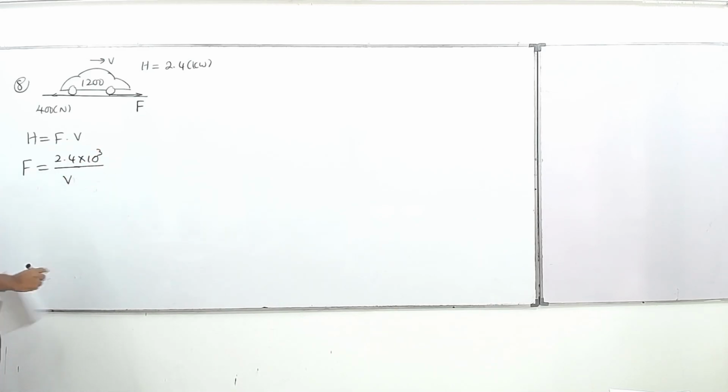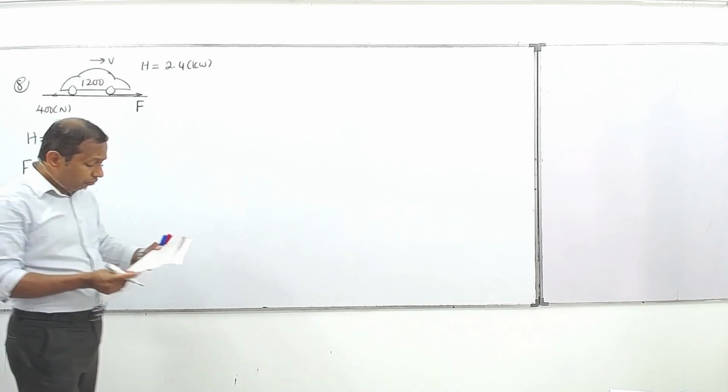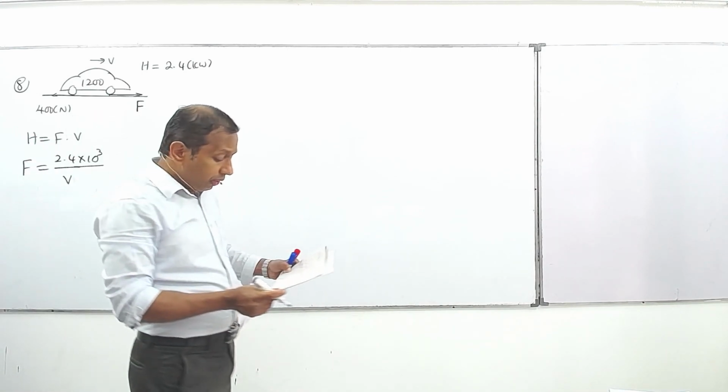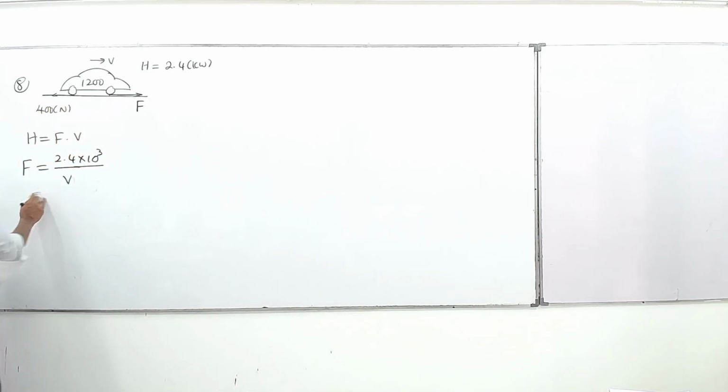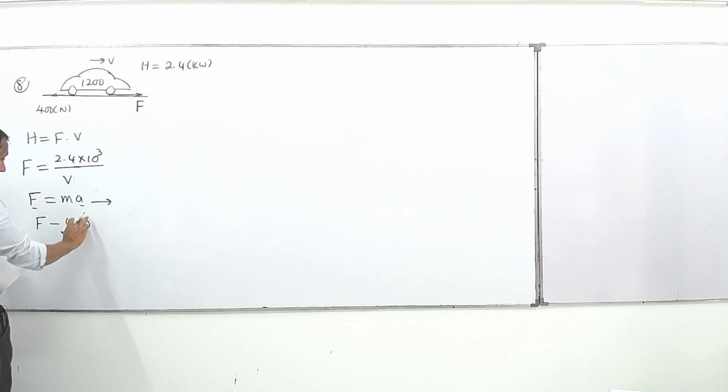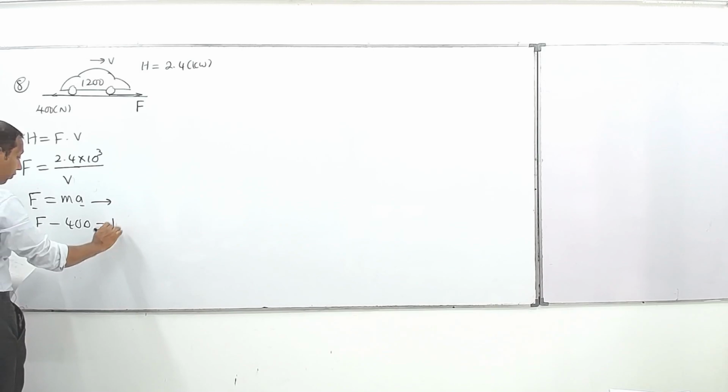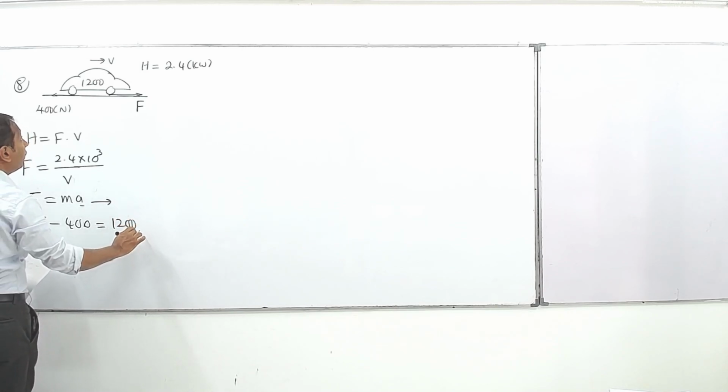Right. Now what it's asking is the acceleration, no? Yeah, we can apply F equals ma. Tractive force F minus 400 is equal to mass 1200 and acceleration we will assume as a.